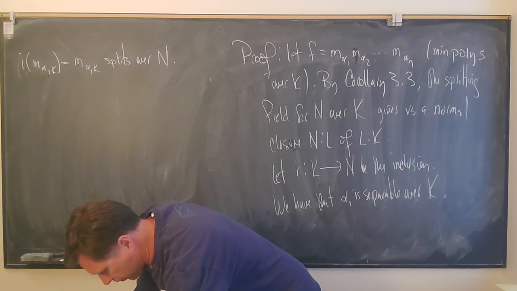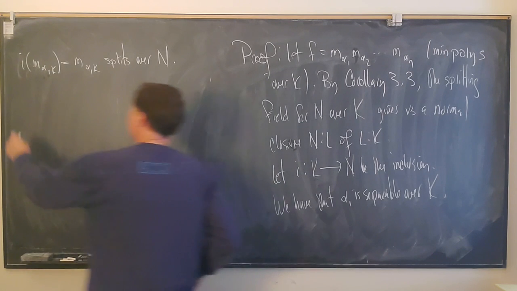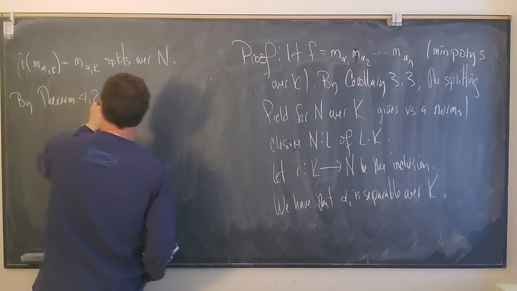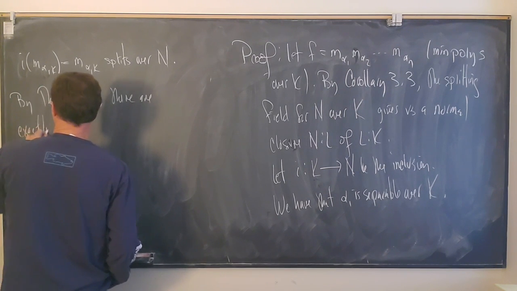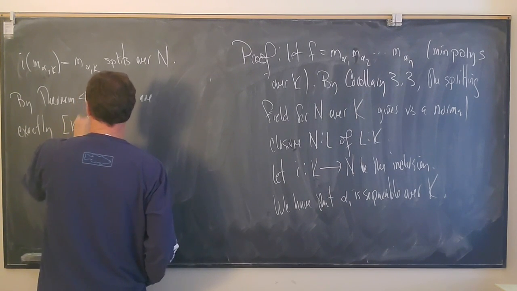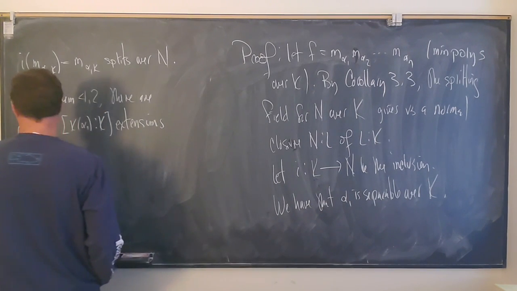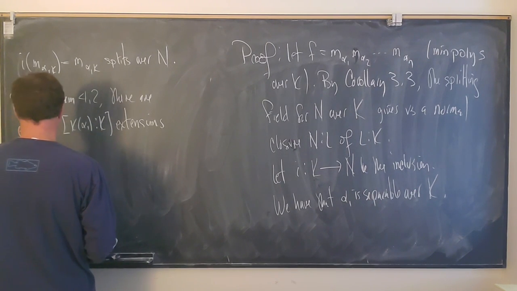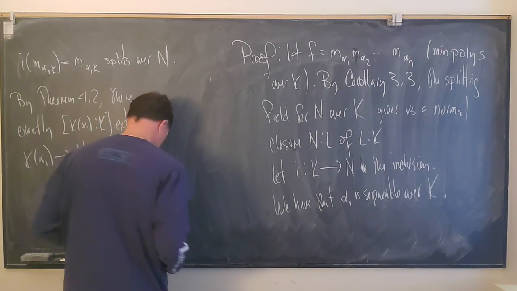So this is by our previous theorem, 4.2. By theorem 4.2, there are exactly degree of K adjoin alpha 1 over K extensions of I from K adjoin alpha 1 into N.